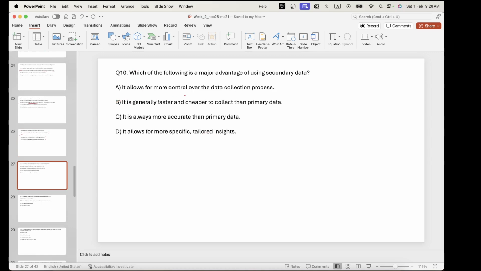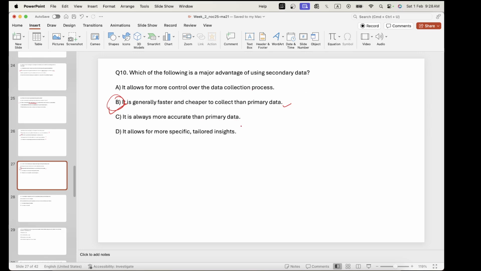Next, which of the following is a major advantage of using secondary data? It's generally faster and cheaper to collect than primary data. It doesn't allow you more control over the data collection process because that's already done and you have no say in that. It's always more accurate than primary data?